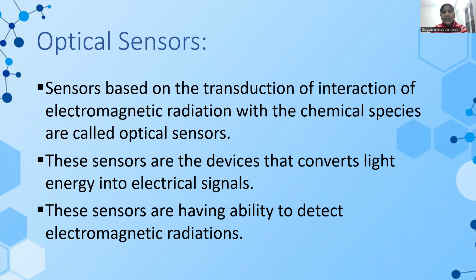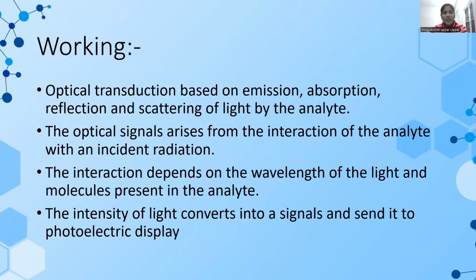Now let's see the optical sensors. Sensors based on the transduction of interaction of electromagnetic radiation with chemical species are called optical sensors. These sensors are devices that convert light energy into electrical signals. These sensors have the ability to detect electromagnetic radiations. The working principle of optical sensors: the optical transducer is based on emission, absorption, reflection, and scattering of light by the analyte.